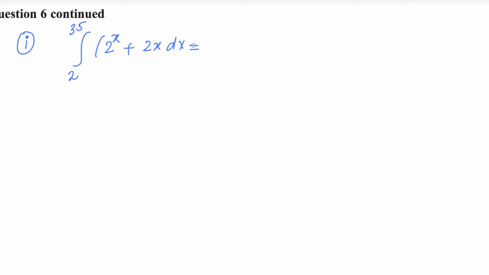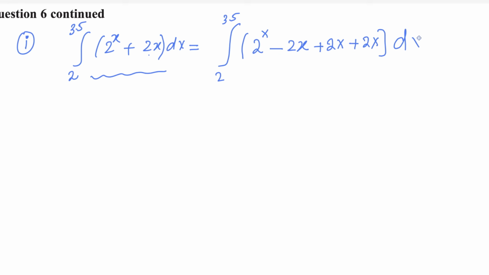This equals, we will rewrite this in such a way that we get the expression from the previous part. In the previous part it was given as 2 to the power x minus 2x. Because we are subtracting 2x, we have to add the same 2x and write this 2x again over there, dx.